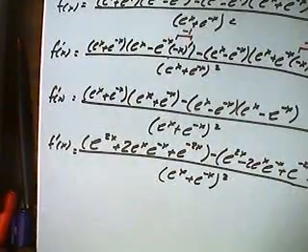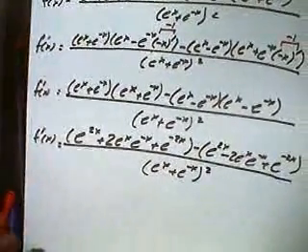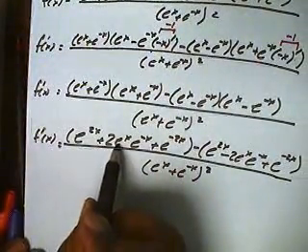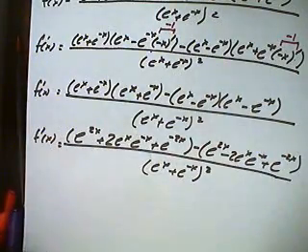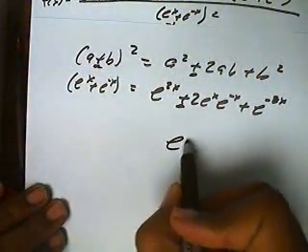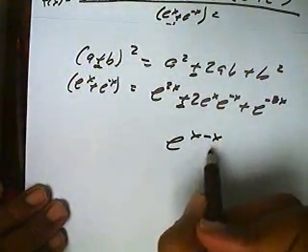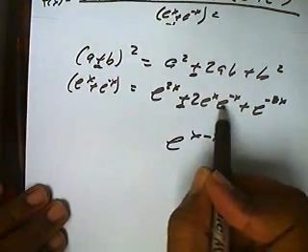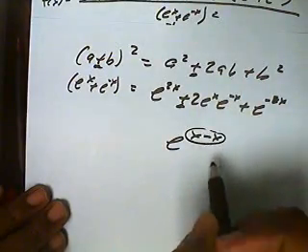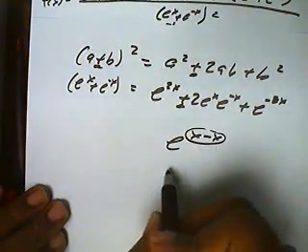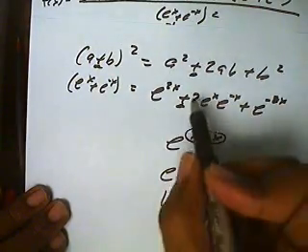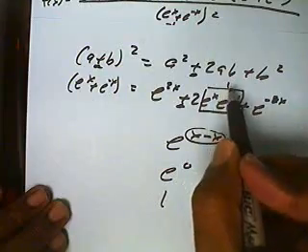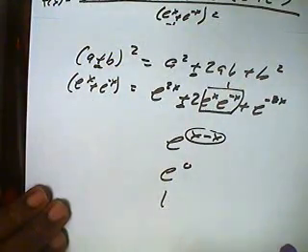Okay, now from there, e to the x times e to the negative x, we combine exponents. When we combine exponents, e to the x and e to the negative x, you add exponents. Well, x and negative x add up to 0, and e to the 0 is 1. So this expression right here is really a 1 times 2, which is 2.